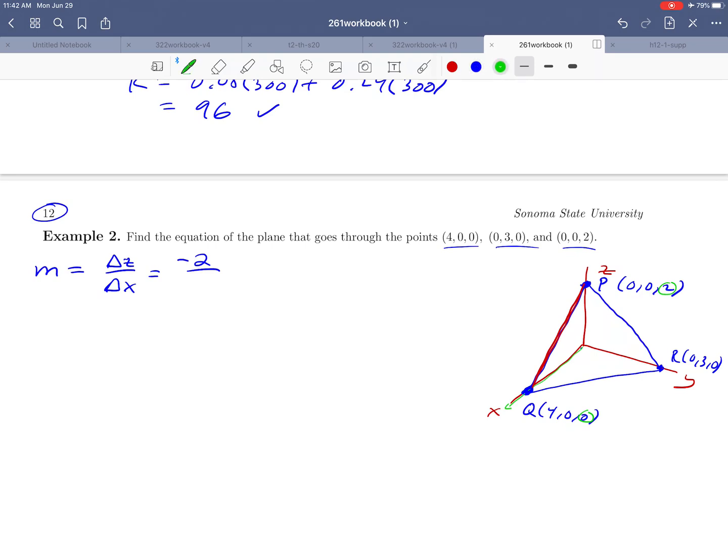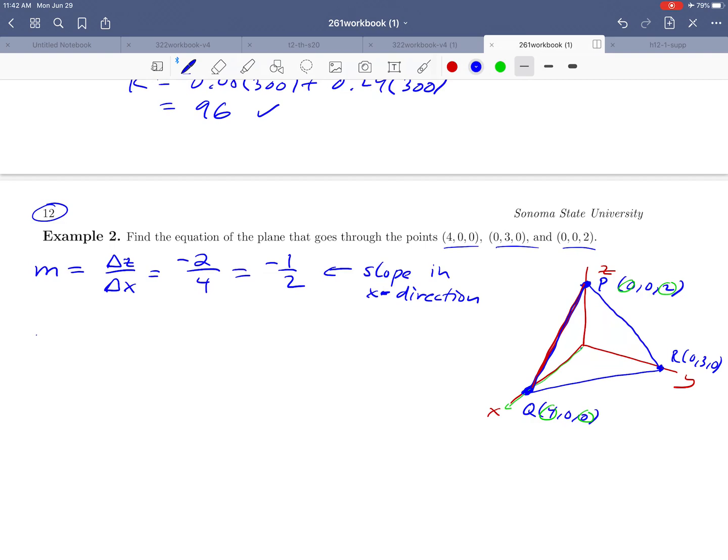If you focus on the x-coordinates, we go from 0 to 4, so we increased by 4. Our change in x is 4, and put that together, and we get a slope in the x direction of -1/2. The key again was noticing that when we move along that segment from P to Q, we are moving parallel to the x-axis. That's the slope in the x direction.